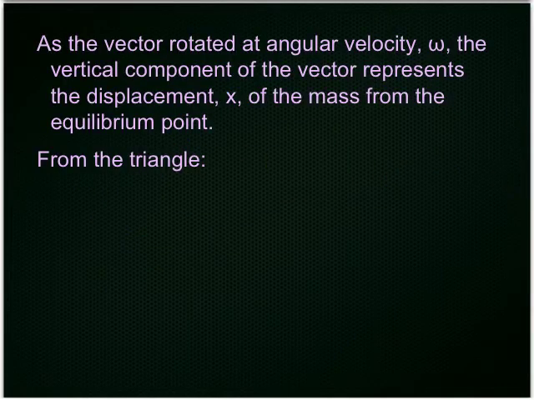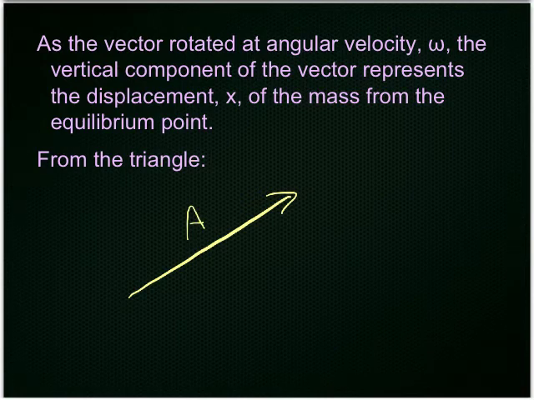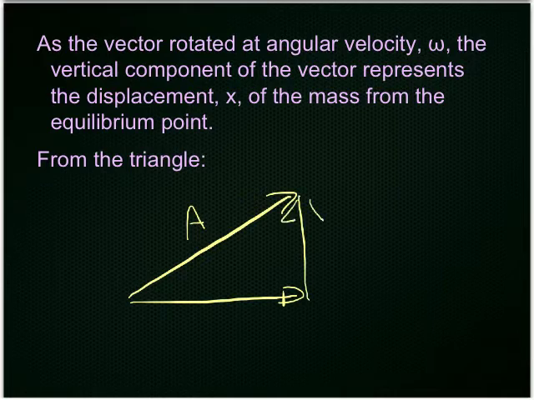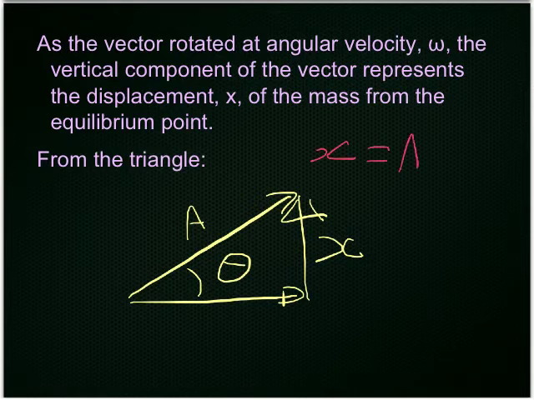Now, as the vector rotates at the angular velocity omega, the vertical component of the vector represents the displacement. Looking at the triangle, A is the size of that vector. Going up here, we've got a vertical component, x, at a certain theta. So what's the equation for x? It's x equals A sine theta.